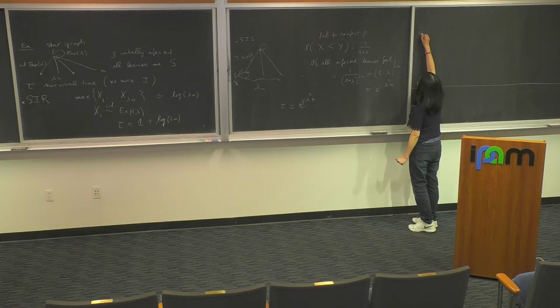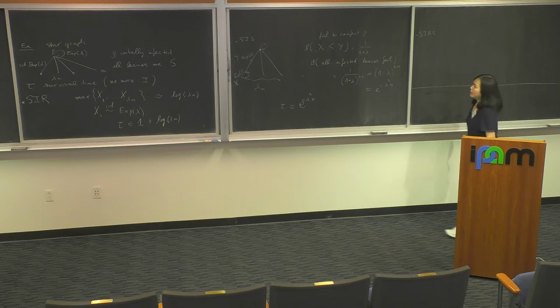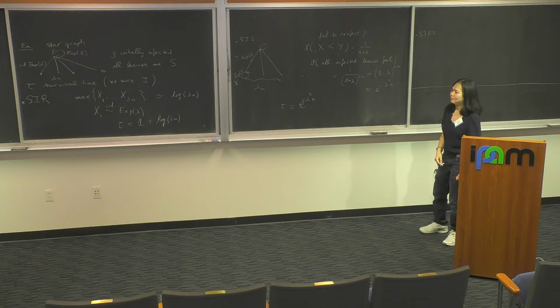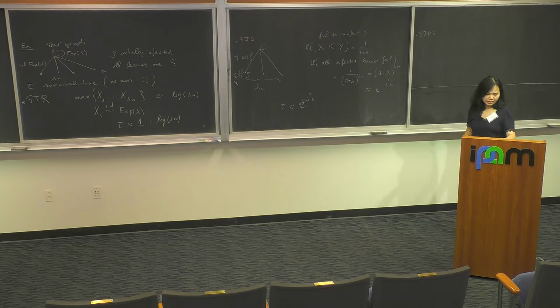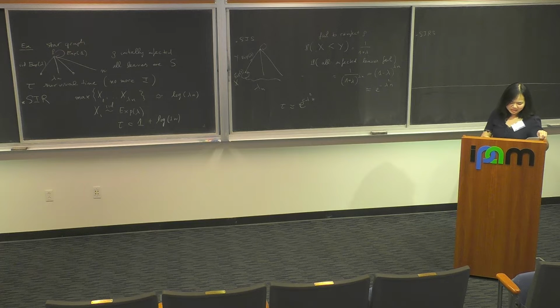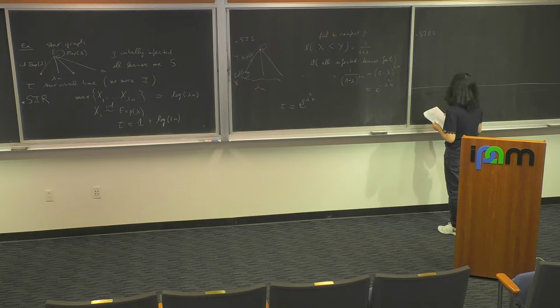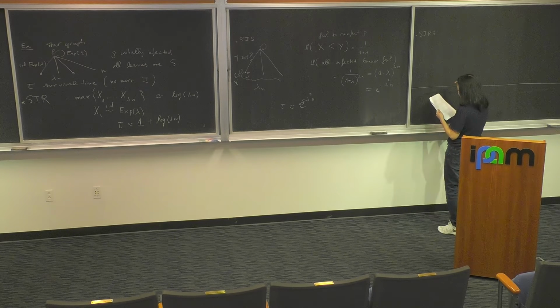Now, the intermediate one is SIRS. And SIRS turned out to be more complicated than the other two models, and as far as I'm aware, we barely know anything about the SIRS.